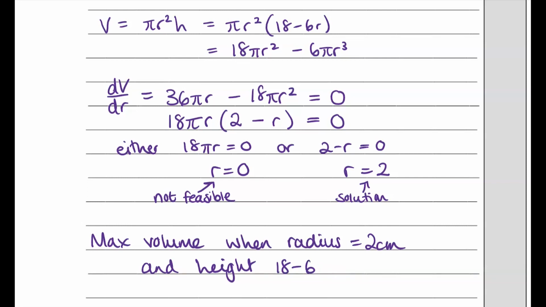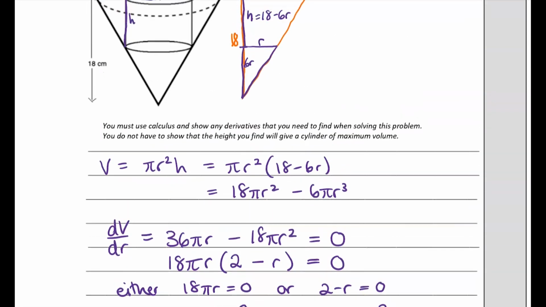I'll rewrite that as 6 times 2. So 18 minus 12 is going to give us 6 centimeters for the height of the cylinder there.